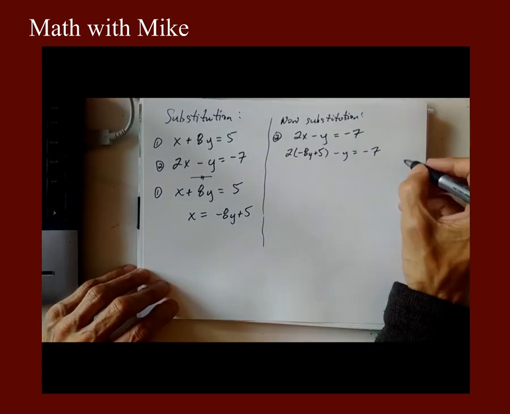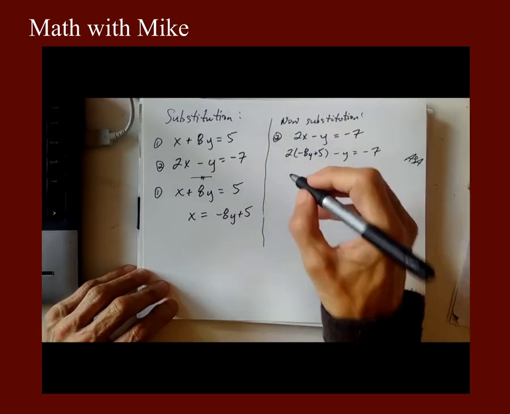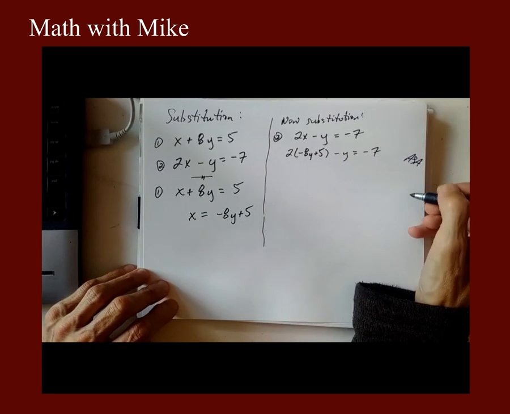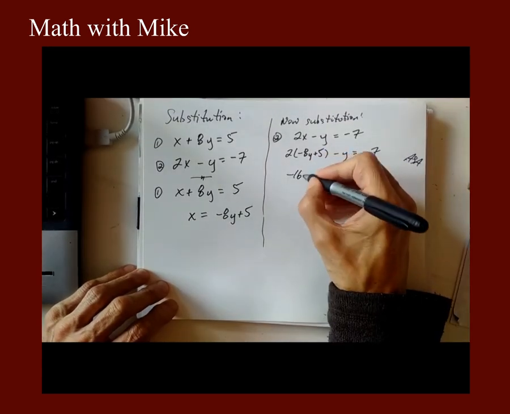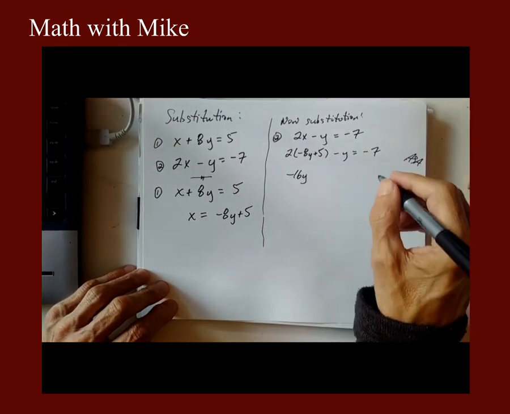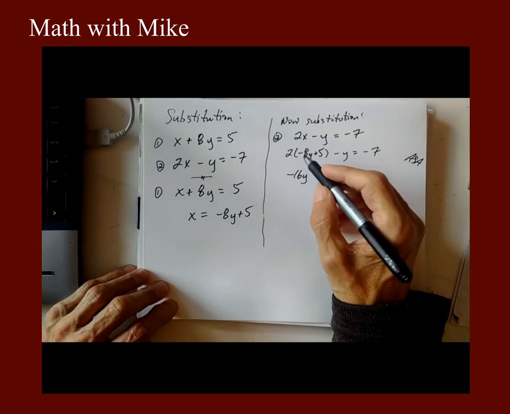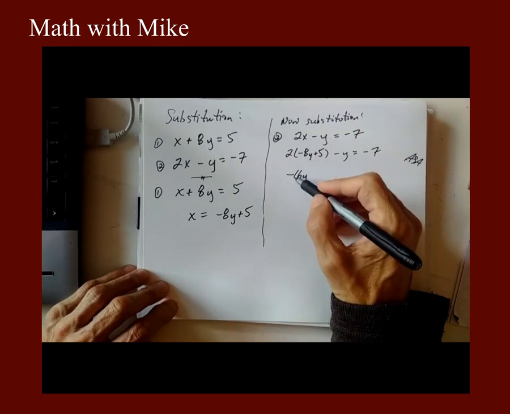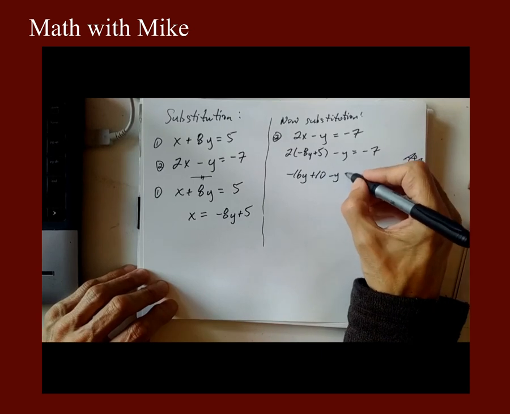Okay, algebra. After some algebra, which are rules that you really should know, and know quickly, I might add. But don't rush. Go fast, but don't rush, because then you make mistakes. 2 times minus 8y, minus 16y. 2 times plus 5, plus 10. Minus y, equals minus 7.